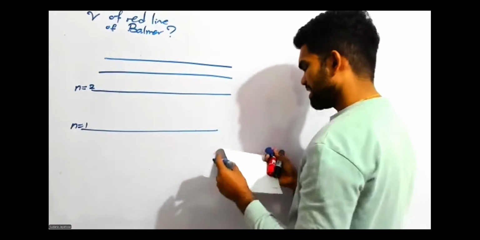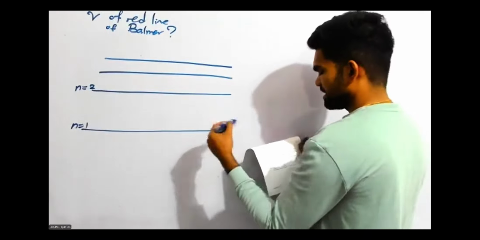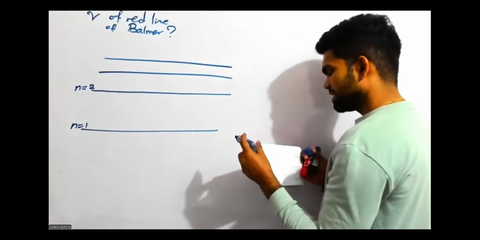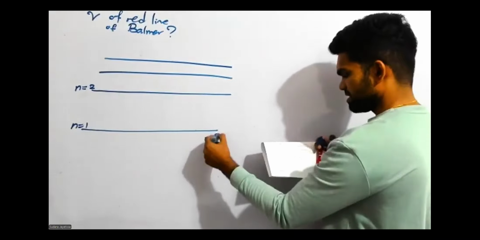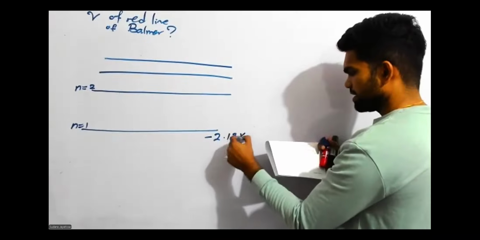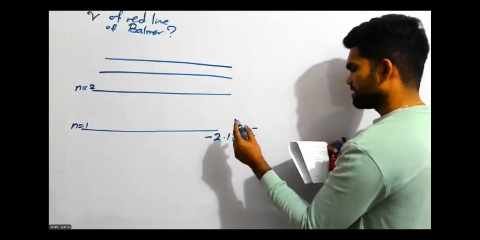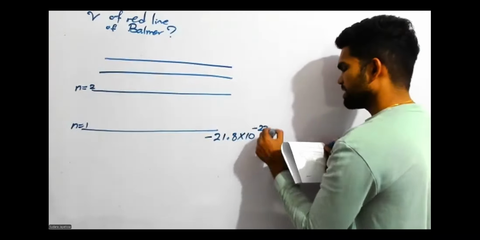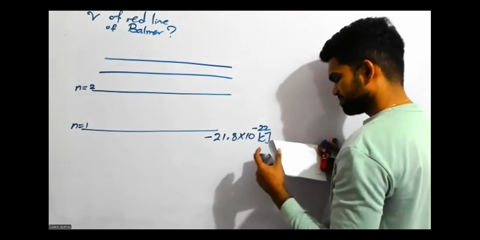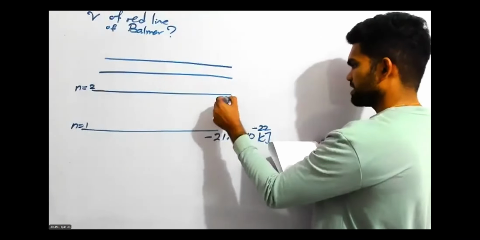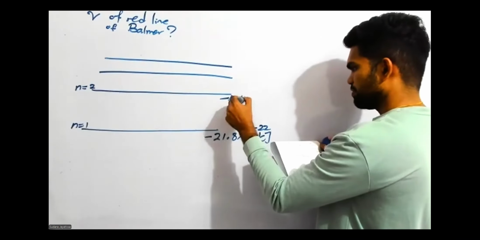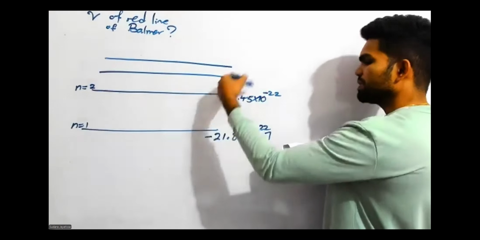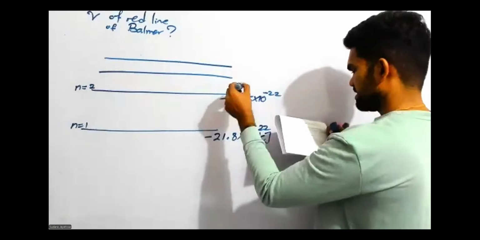They have given you the actual energies using negative values. So minus 2.18 into 10 to the power minus 21, or you can say 21.8 into 10 to the power minus 22, which is better. Then this one is minus 5.45 into 10 to the power minus 22. The negative value decreases, you can see.